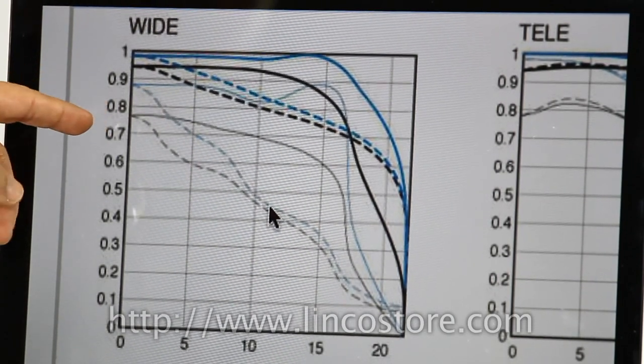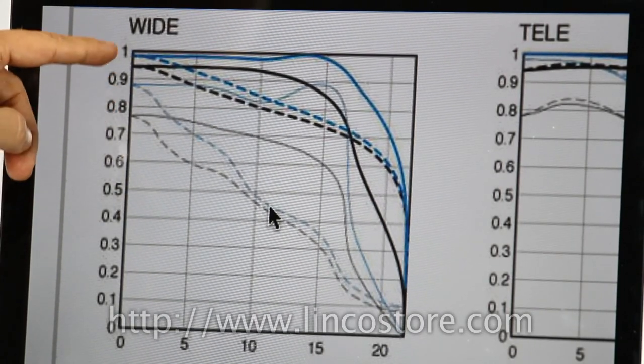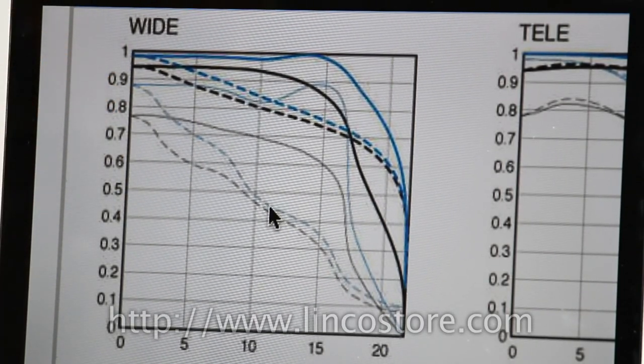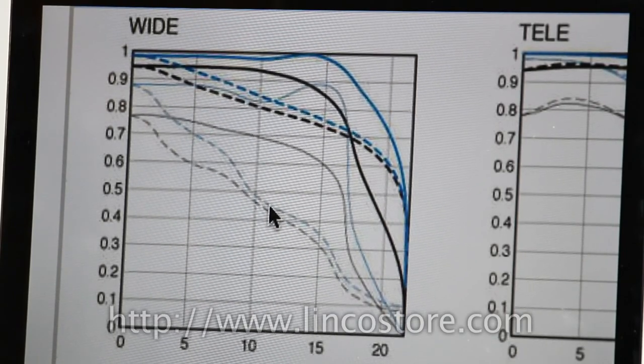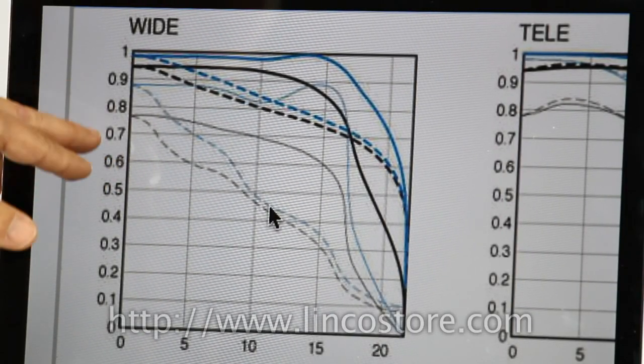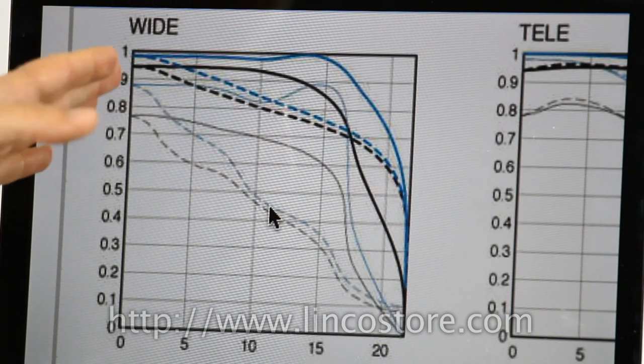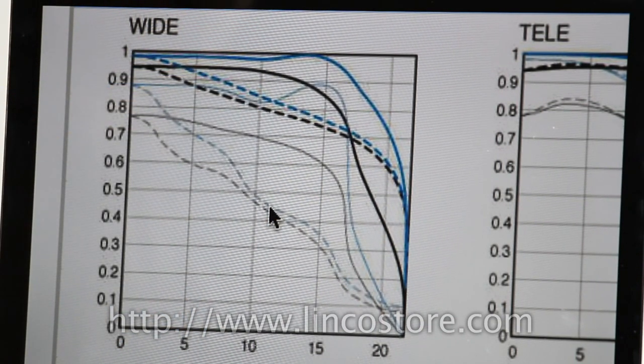So when we talk about numbers in the 0.8 to 1 range, we're talking about a really superior lens when it comes to dealing with contrast and micro contrast. When we speak about a lens that's performing in the 0.6 to 1 area, then we're talking about still a good lens, but anything below 0.6 is a little bit suspect. All right, we'll get to all these squiggly lines in a bit.